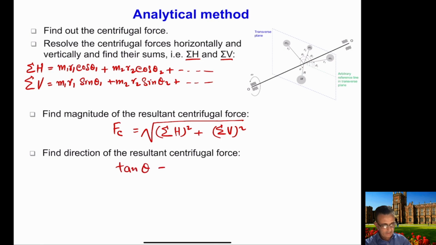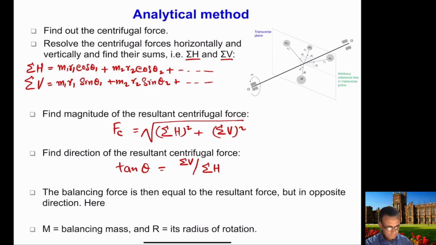So the tangent theta will be equal to the summation of the vertical forces over the summation of the horizontal forces. And then the balancing force is equal to the resultant force but in opposite direction. So the Fc is obviously the mr. So m is again the balancing mass and r is the radius of rotation here.